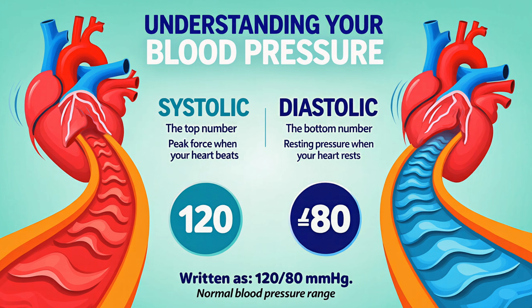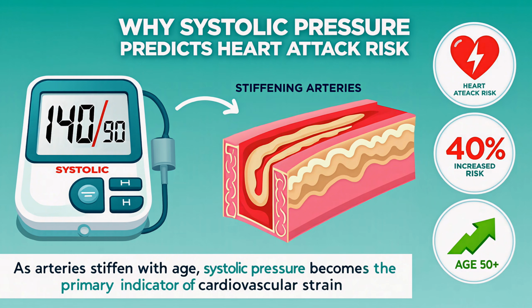Blood pressure should be measured carefully under resting conditions and repeated across multiple days. Only then can the pattern become clear enough to interpret. When that pattern shows persistently elevated pressure, whether systolic, diastolic, or both, it becomes important to address the underlying factors that influence blood pressure regulation.